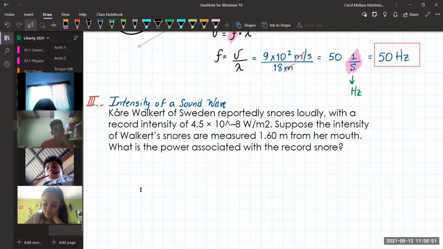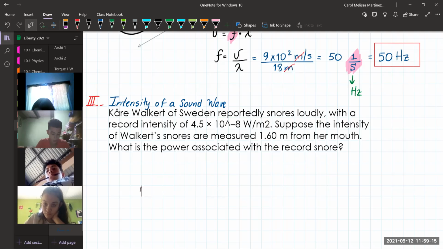So if you are a very sensitive person at night, you don't want to be close to her because she is noisy when she sleeps. That's something that people cannot control. But in the end, she has a record. She is pretty intense. Her snores are pretty loud.